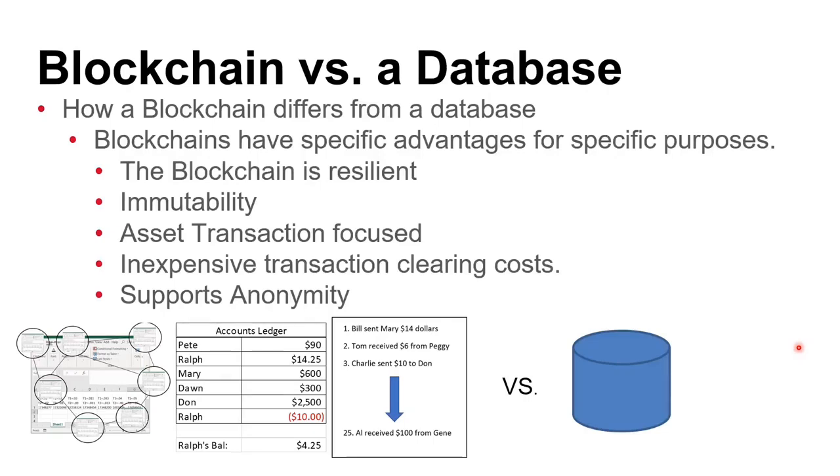A database is also central, so it is vulnerable to attack. It is asset transaction focused, and it's inexpensive for clearing costs for a blockchain, and a blockchain supports anonymity if needed.